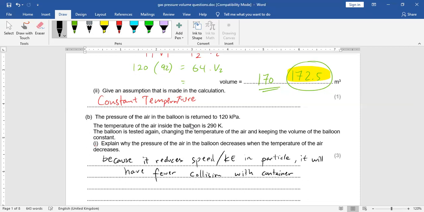It means it will have a lesser pressure, so the pressure will decrease. That's the explanation for B1.